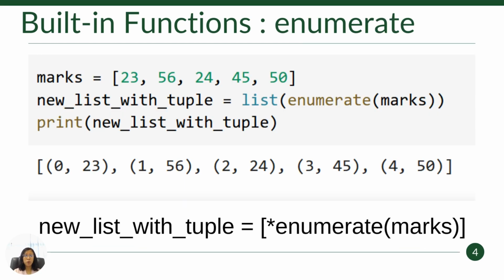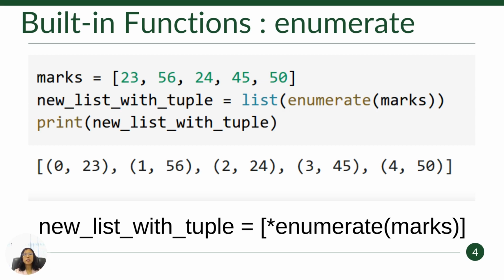Now let's talk about enumerate. We have learned enumerate in looping last time. Here you see that enumerate will give you two values, tuple values: the index and the original value. We can use enumerate and then recap type casting, casting it into a list.